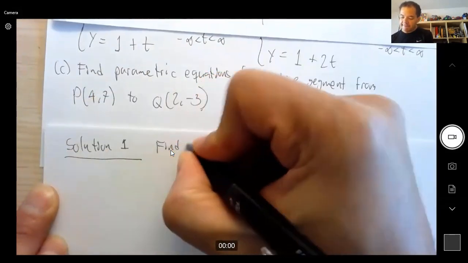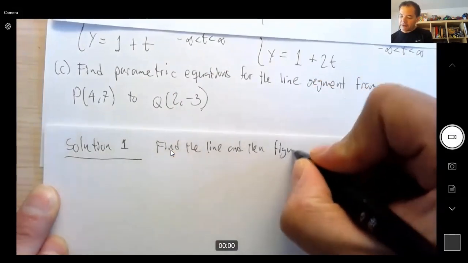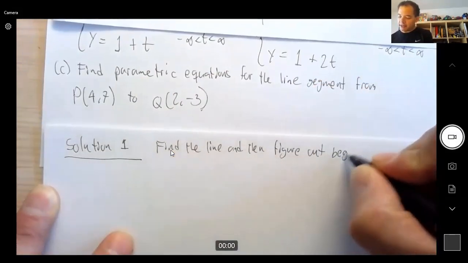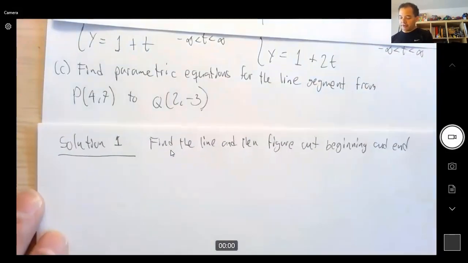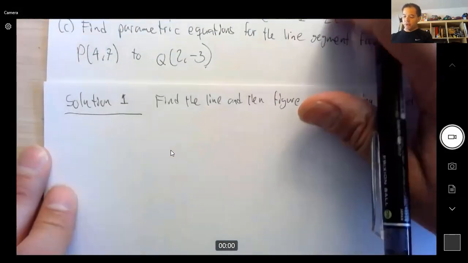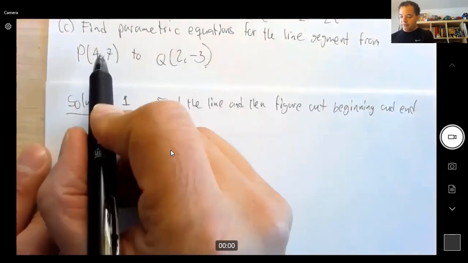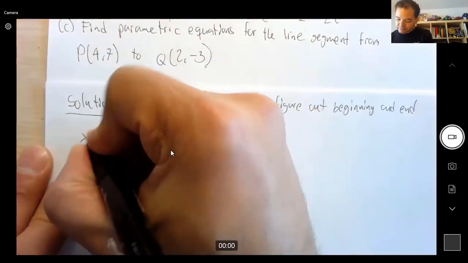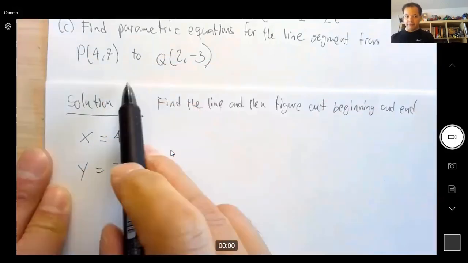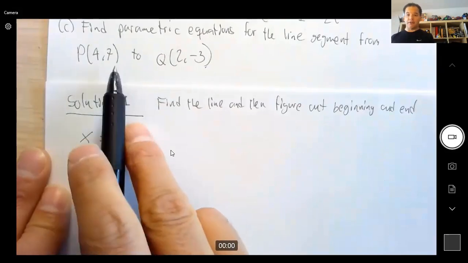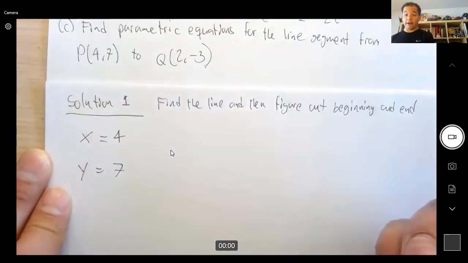find the line and then figure out the beginning and end. So let me do this one first. So to do it with the line, I want this to be the point. So it will be 4 and 7 because I'm starting from P 4, 7 and I'm finishing in 2, -3. So I need to have the slope now, right?